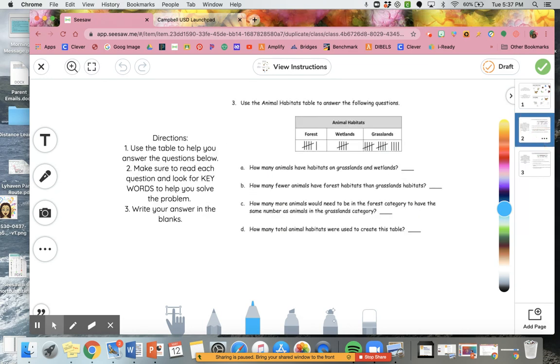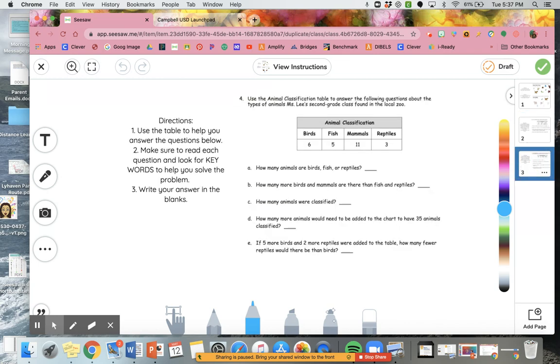And then here, you are going to be using this tally graph to help you, okay? So you definitely need to write equations, okay, to help you. And then you can put a text box or you can write with a pencil to help you answer the questions, okay?